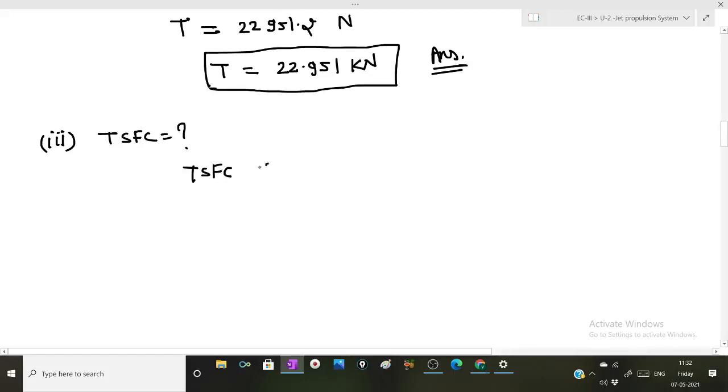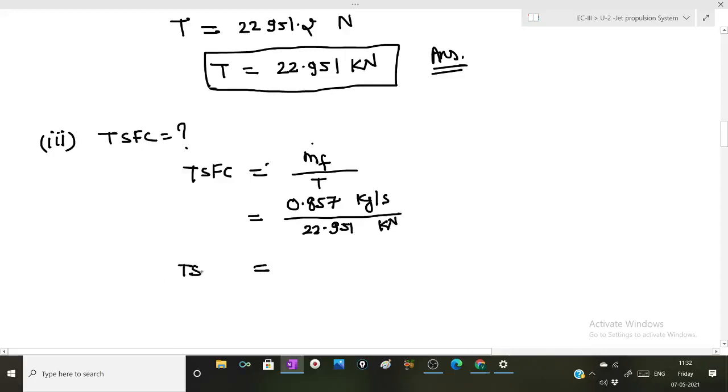So thrust specific fuel consumption will be mass flow rate of fuel to the thrust produced. Mass flow rate of fuel is 0.857 kg per second, and the thrust produced is 22.951 kilonewton.